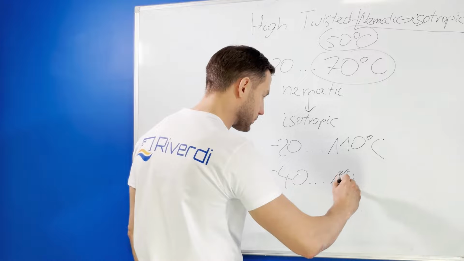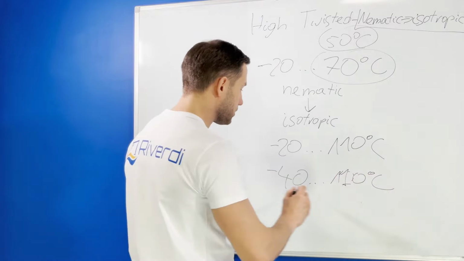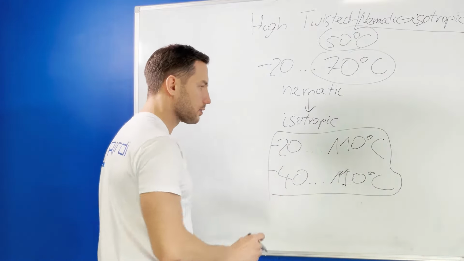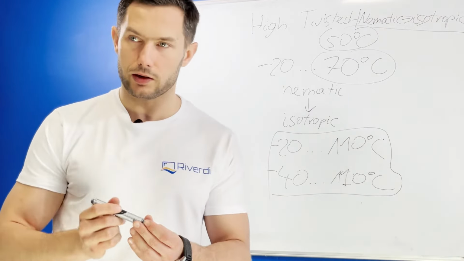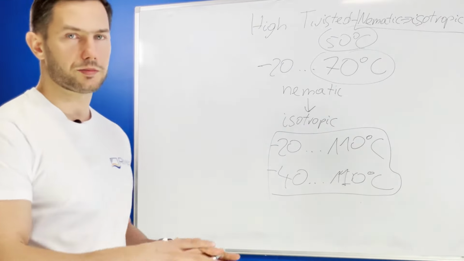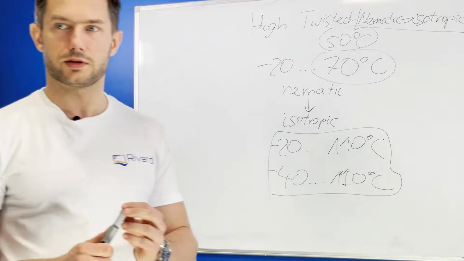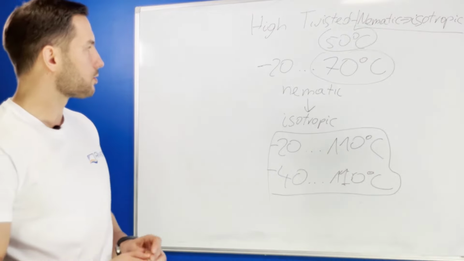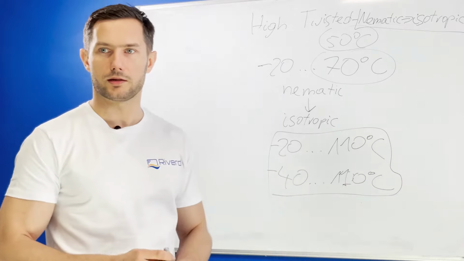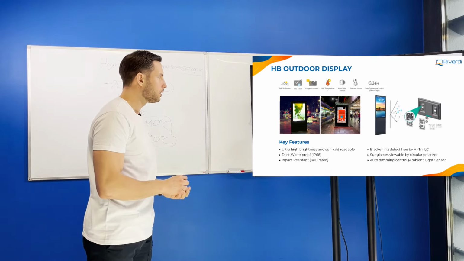So the same upper temperature. In this range we are safe. We can go very low with the temperature and it will not become solid, and we can go very high, up to 110 degrees, and it will not become isotropic. So the display will be working.